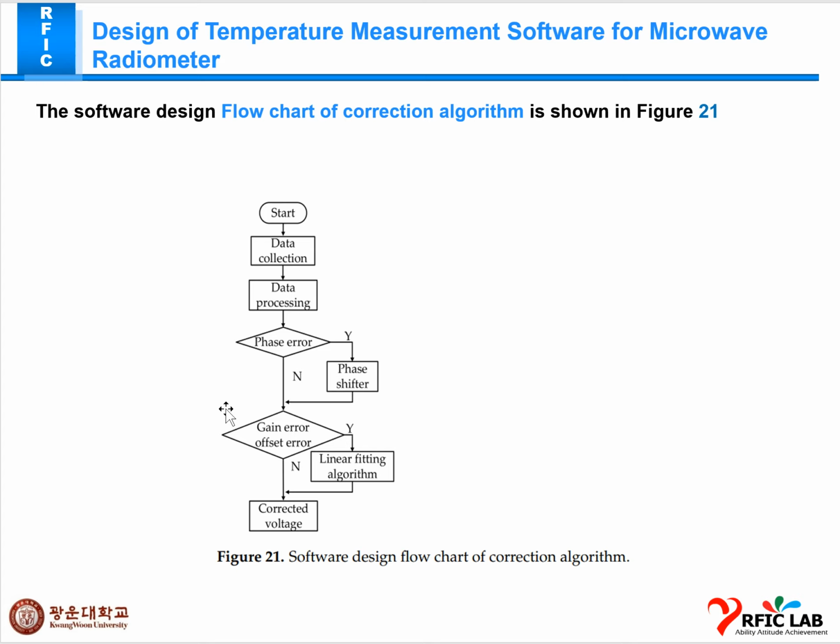If it is yes, when we get a gain error in the form of true, we will go for the linear fitting algorithm. If we don't get an error, then if it is false, it is directly corrected to the voltage. So this was the flowchart for the correction algorithm we had used in the software design.